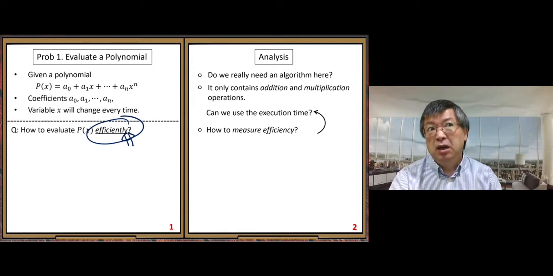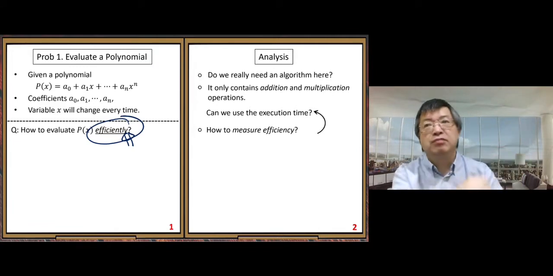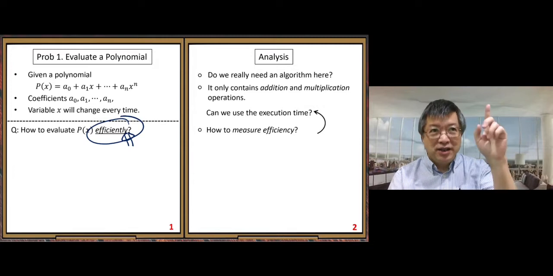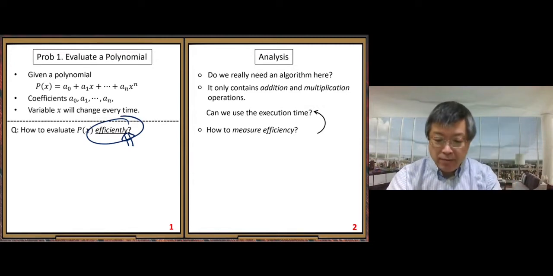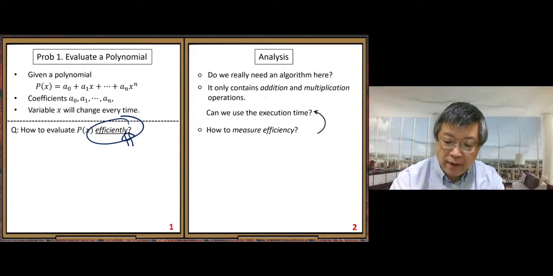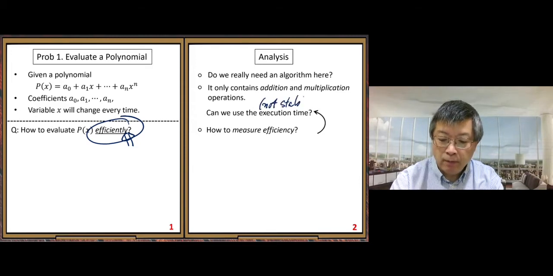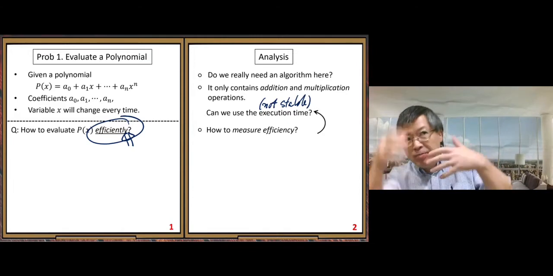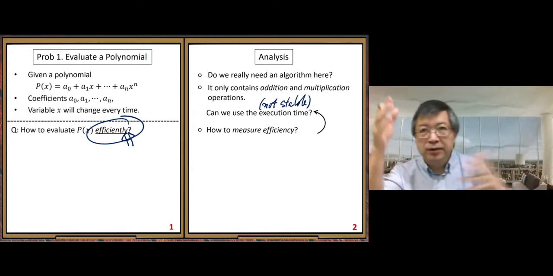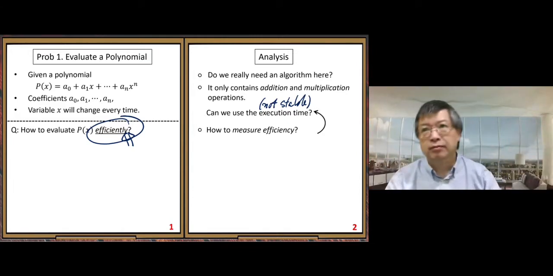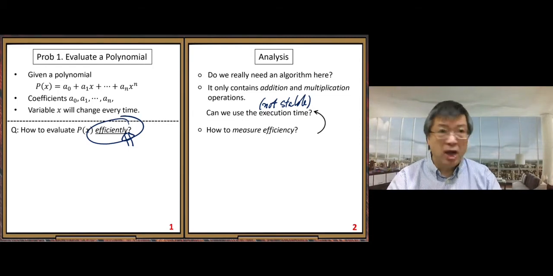That will determine the execution time with big difference, right? So the reason it's not a good measure is this one: not stable, right? Sometimes faster, sometimes slower, depends on a lot of factors. We don't like that kind of measure.